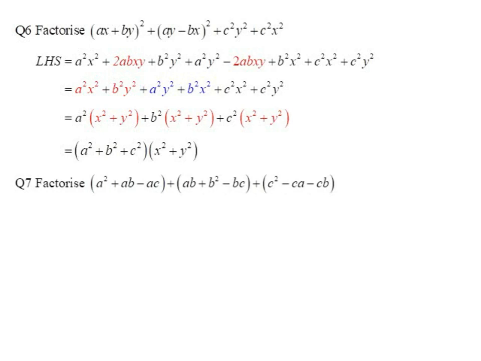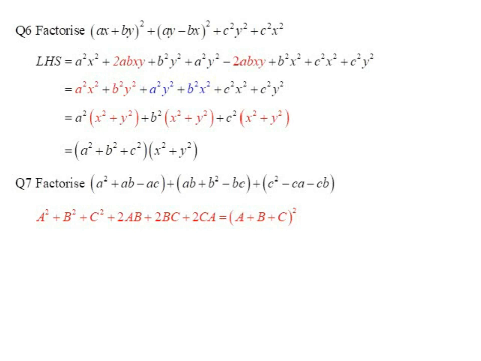Question 7. Factorize the expression a² + ab − ac + ab + b² − bc + c² − ca − cb. Careful observation leads us to recall the three-variable quadratic formula, as shown here in red.